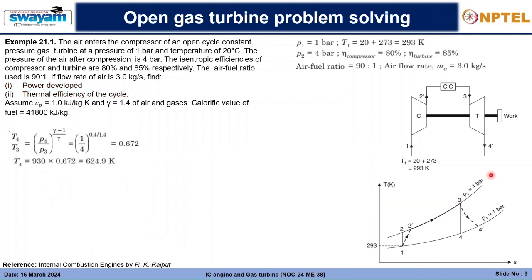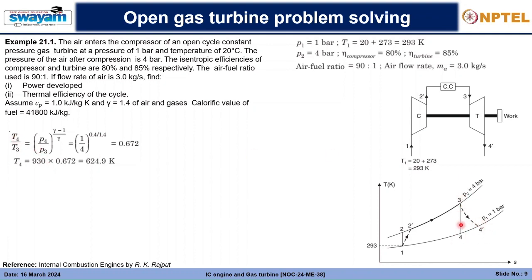Then we will again utilize the concept of the isentropic process in the turbine part in order to find the value of T4 dash, and let us see how.